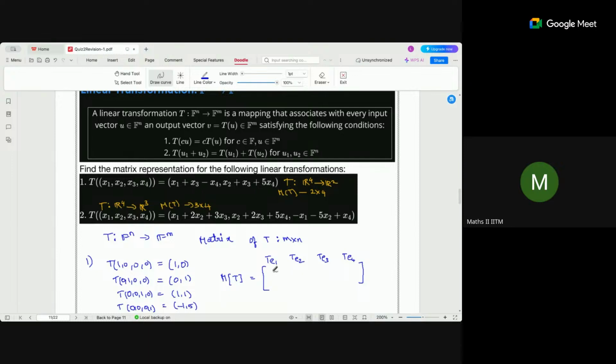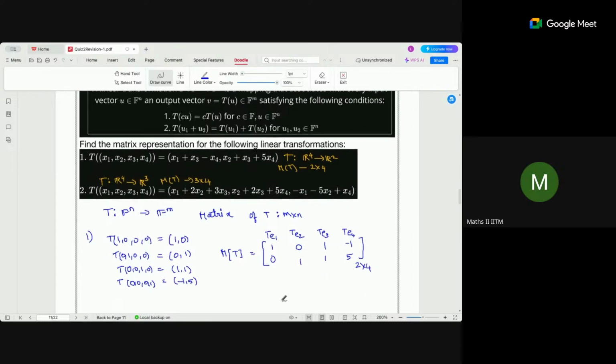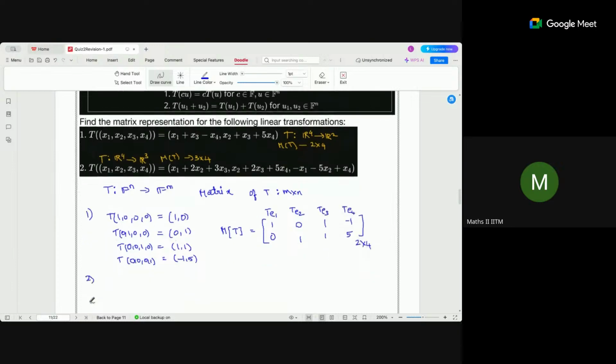Here Te1 is 1, 0, Te2 is 0, 1, Te3 is 1, 1, Te4 is -1, 5. So you see that it is a 2 cross 4 matrix. Clear? Same way, let's do the next one.